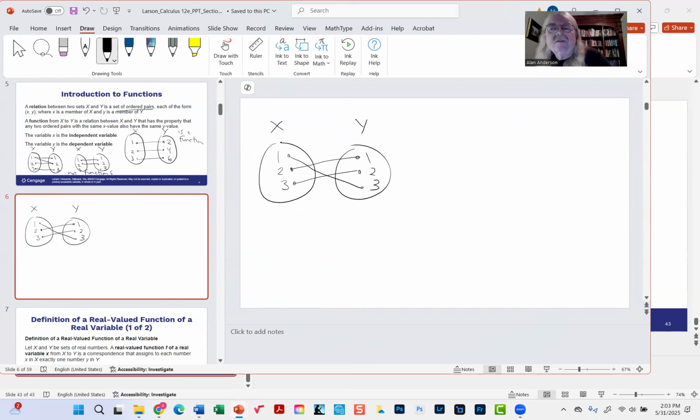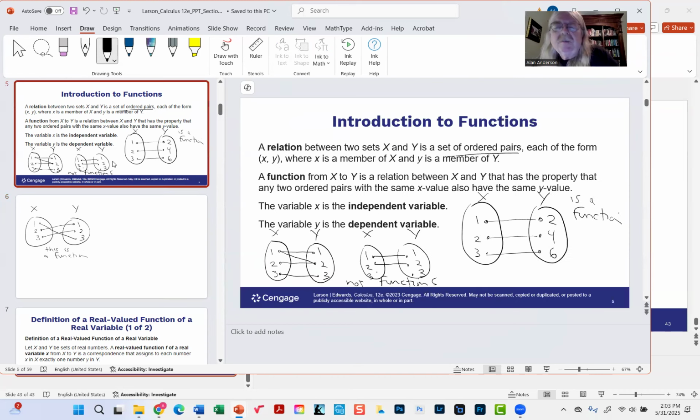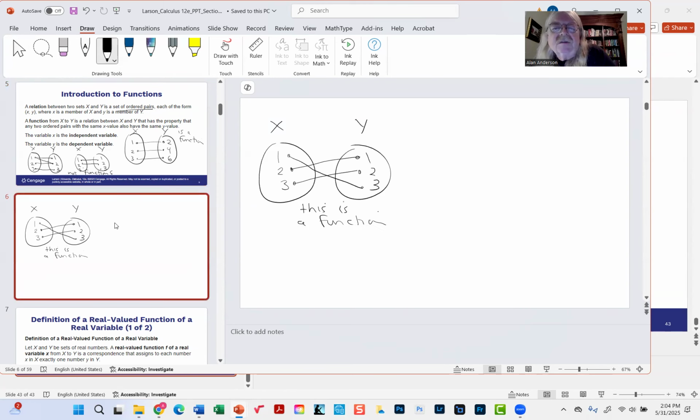There's no problem there. This is also a function because again, each x is associated with a unique y. But the problems arise when you have, like here, x equals 1 associated with both y equals 1 and y equals 2. And over here, x equals 3 is not associated with any of the y's. So neither of these are functions. This one is fine, and so is this one.